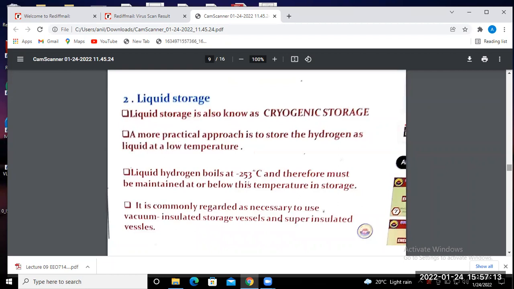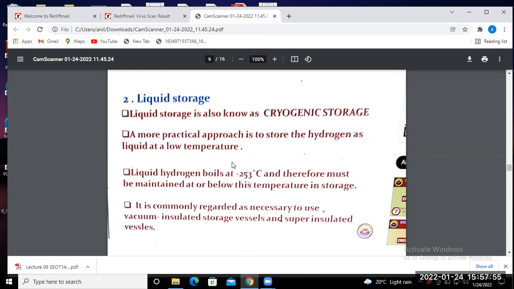Next, liquid hydrogen boils at almost minus 253 degrees Celsius and therefore must be maintained at or below this temperature in storage. If you want it in the liquid form, you must keep it below this temperature, minus 253 degrees Celsius.